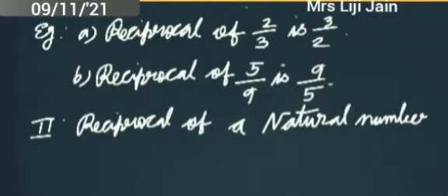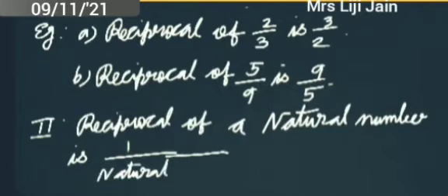So 0 has no reciprocal. Natural numbers means numbers like 1, 2, 3, etc. So reciprocal of a natural number, not the whole number. Reciprocal of a natural number is 1 by natural number.